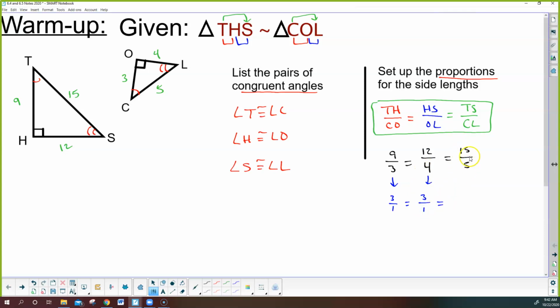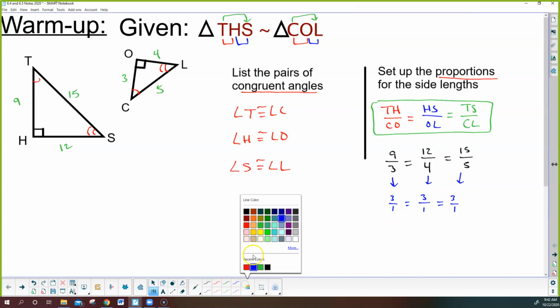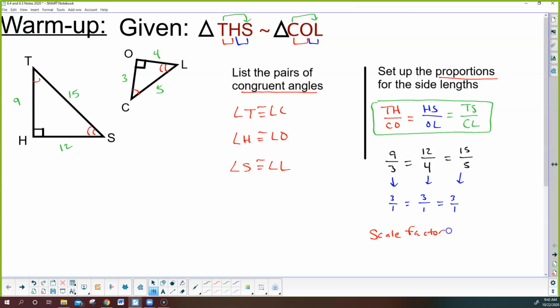And then 15 over 5, if I divide by 5, I get 3 over 1. So notice, those ratios are all the same. Well, what does that mean? That means my scale factor is 3 to 1, or you could write it as 3 over 1.